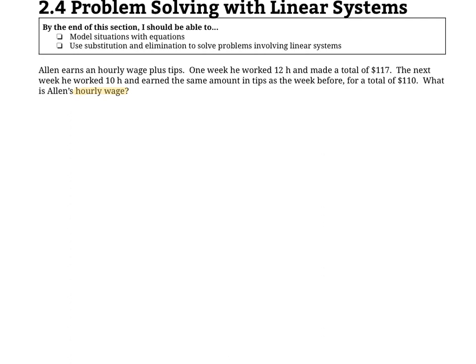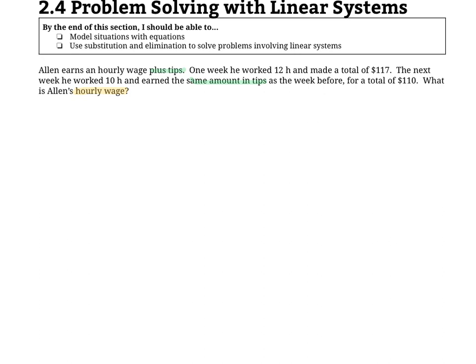The other thing that is mentioned and that we have no idea about is the amount of tips. It says that he earns an hourly wage plus tips. He tells us how much he earns every week, but they don't specify the amount of tips. In fact, for the second week, they just say that he earns the same amount in tips.